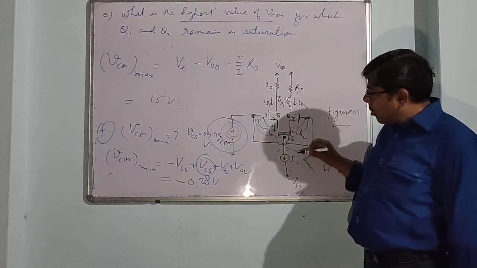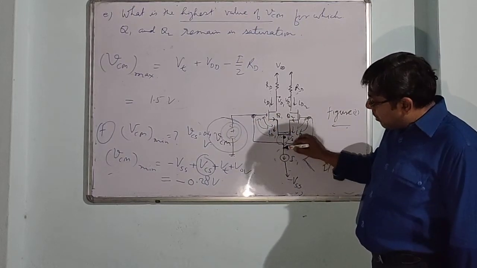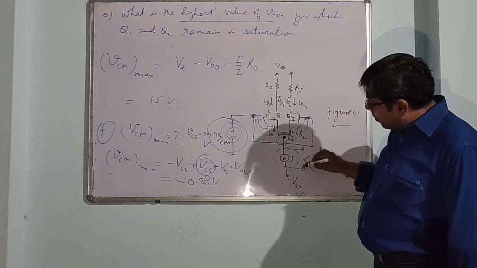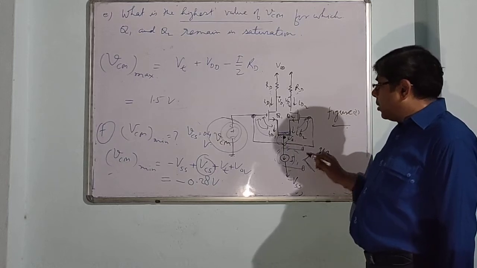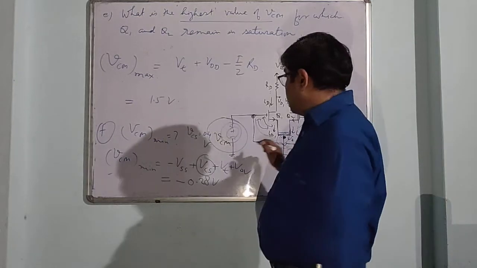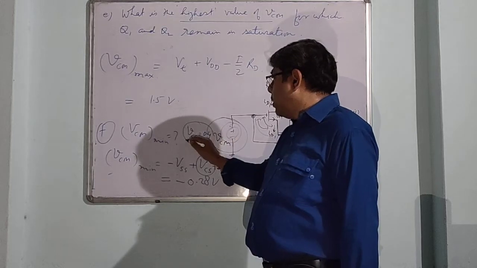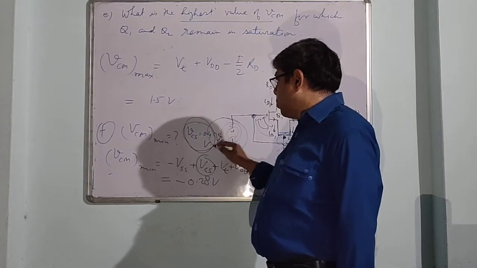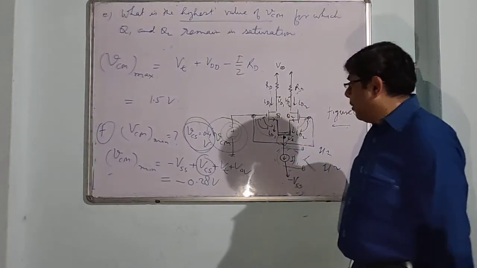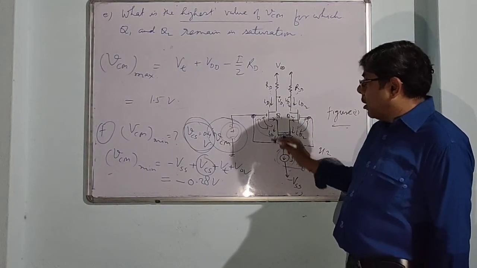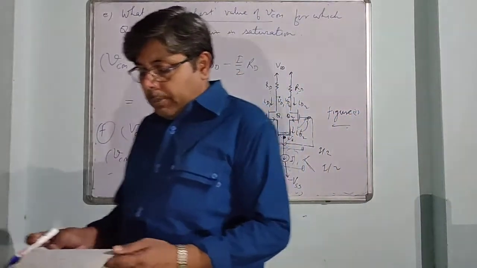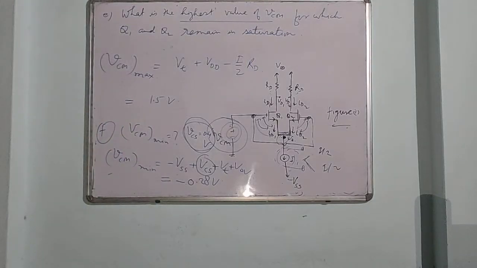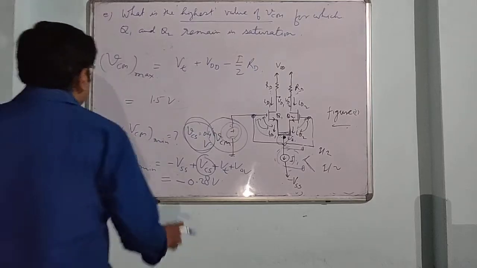The minimum value of the common mode signal is decided by the voltage drop required to operate this current source. The minimum voltage drop required to operate this current source is VCS, the drop across the current source, and this is 0.4 volt given, and then we can calculate the minimum value. This is the common mode operation, and you can note one problem for assignment.